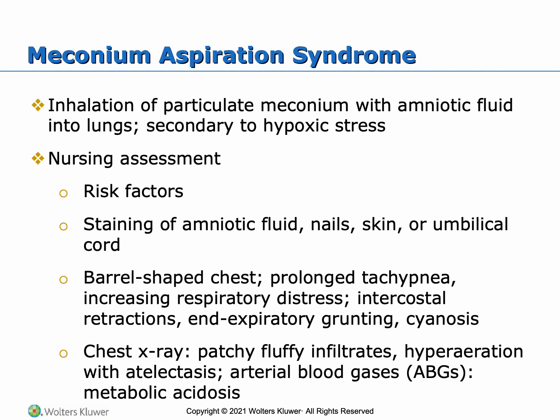This syndrome occurs when the newborn inhales particulate meconium mixed with amniotic fluid into the lungs while still in utero or on taking the first breath after birth. Meconium staining of the fluid with the possibility of aspiration occurs in approximately 10 to 15% of births that are after 36 weeks gestation.